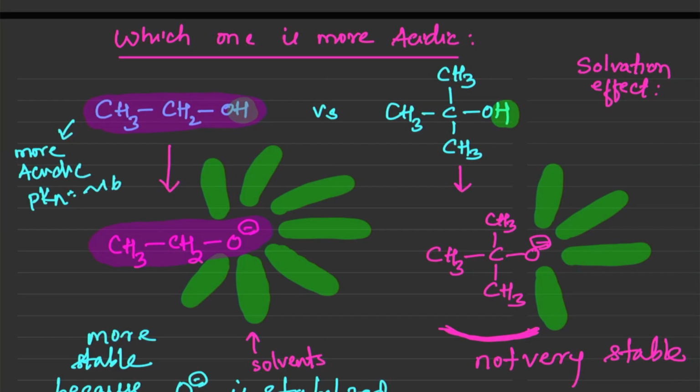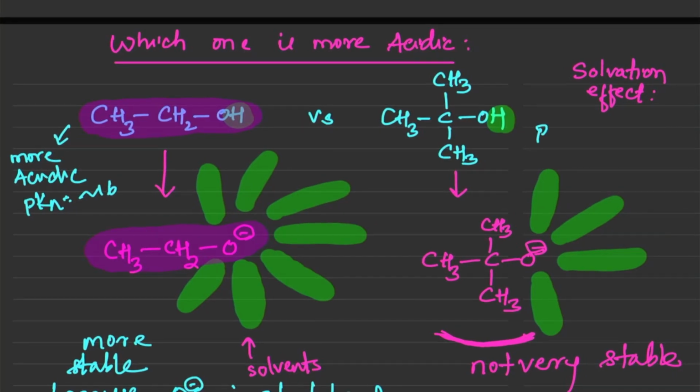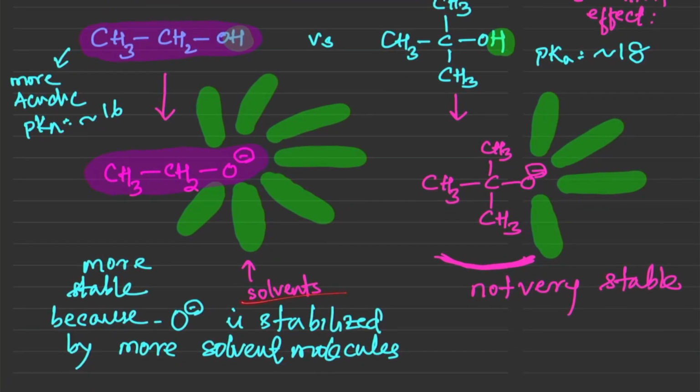All the alcohols are around 15.5, 15.7. The pKa of tertiary butanol should be around 18. So obviously we know that the lower the pKa, the more acidic something is. And we can prove this by the effect of solvents as well.